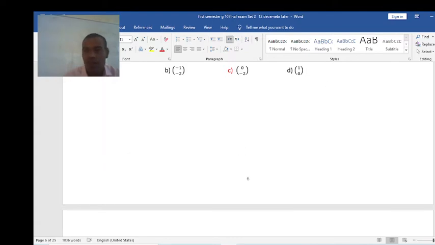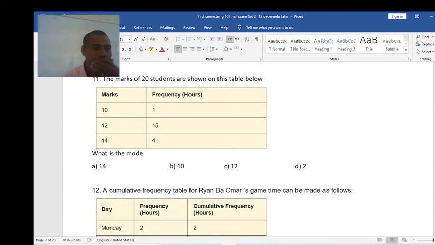For the next one, question 11. Here we have the marks of 20 students shown on this table below. This is the marks of the students, 10. Only one student got 10, 15 students got 12, 4 students got 14. What is the mode? The mode, my learners, is what?